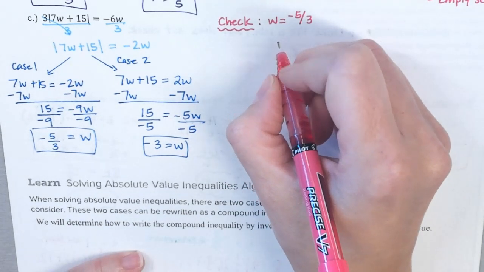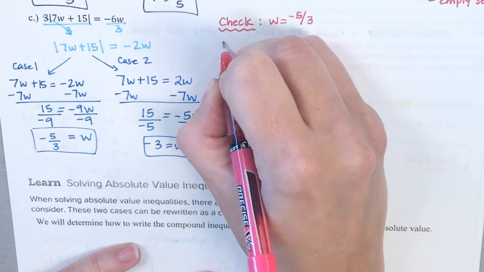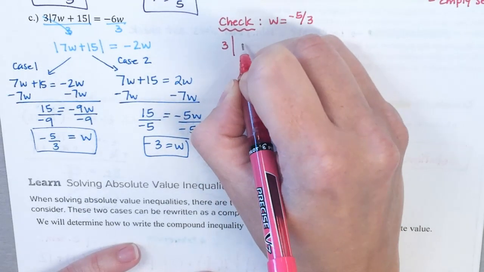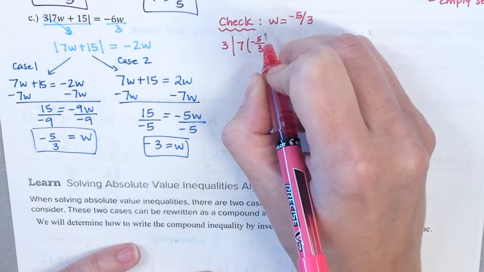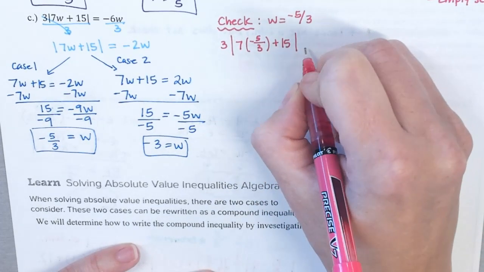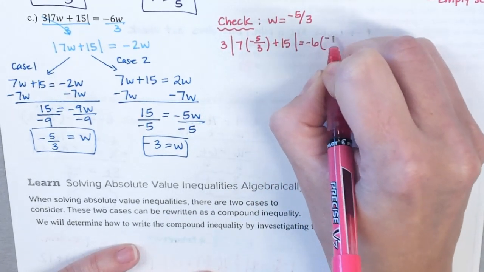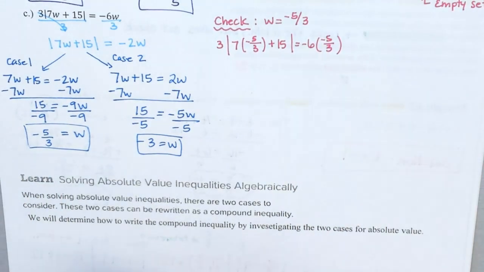The check is very similar to a proof. It's just I don't make you write out any reasons for it. You just need to show your mathematical steps. And again, you are using the original equation.